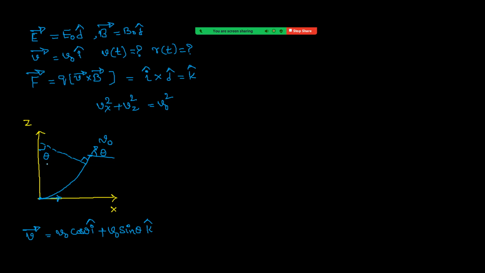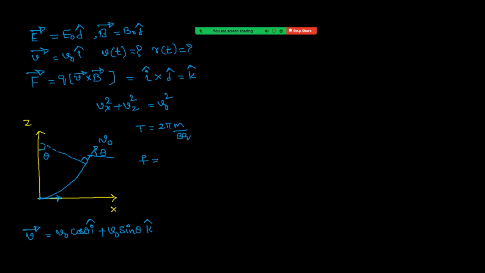And here, what about theta? Since speed is constant, we can say omega is also constant. We have learned that time period equals 2 pi m by Bq, right?